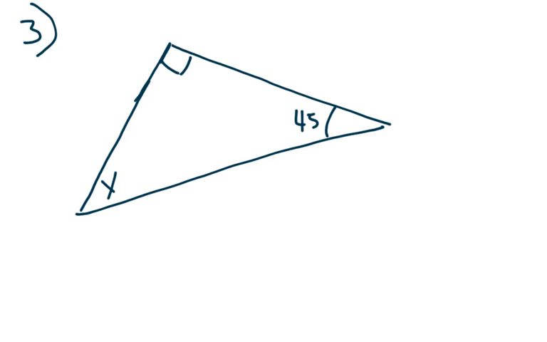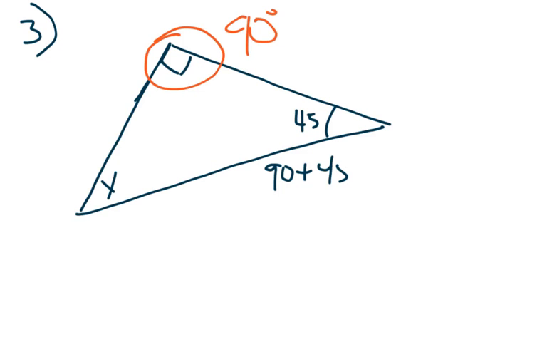Number 3. Anytime you see this little square in the corner, that means that angle is 90 degrees. So remember, square equals 90 degrees. So what we can do is, once again, add everything up. So we can say 90 plus 45 plus x, and all the angles added up together equals 180 degrees, every time.